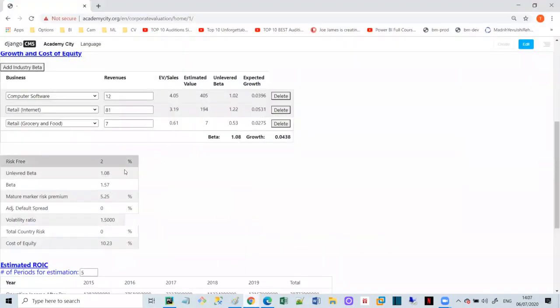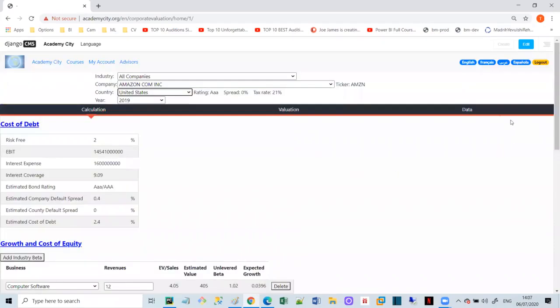Right in here, the way we're converting from 1.08 to 1.57, I will advise you to show the calculation. You take 1.08, you multiply it by 1 plus (1 minus 21%, which is the tax rate) times the debt over equity. And all the data you have right here.